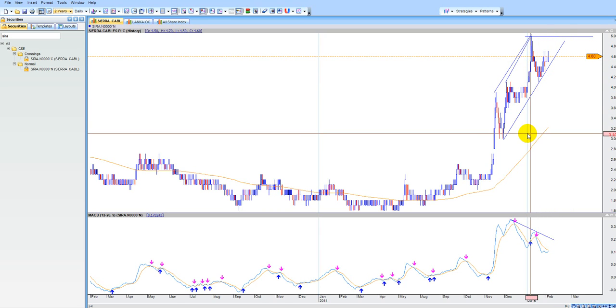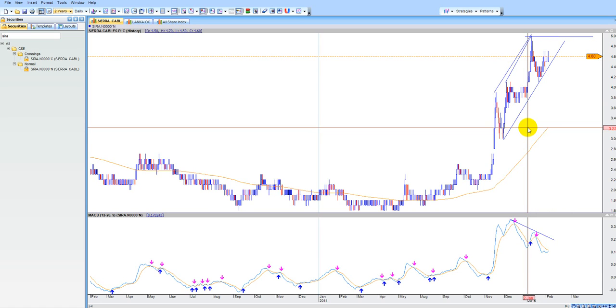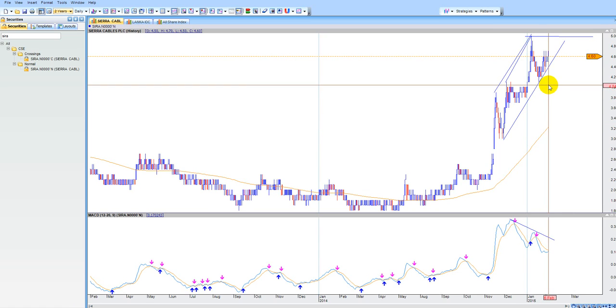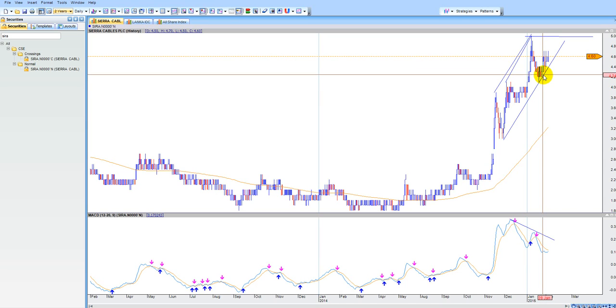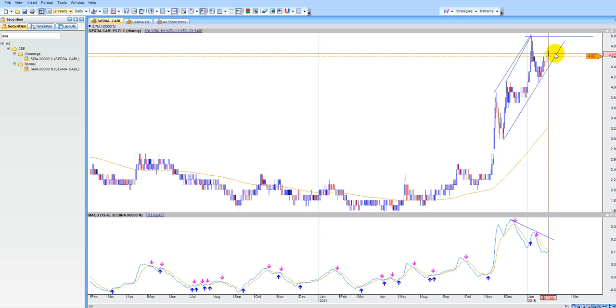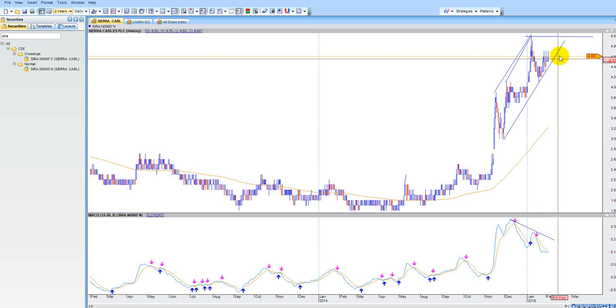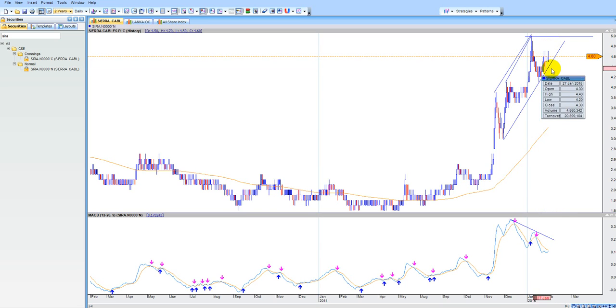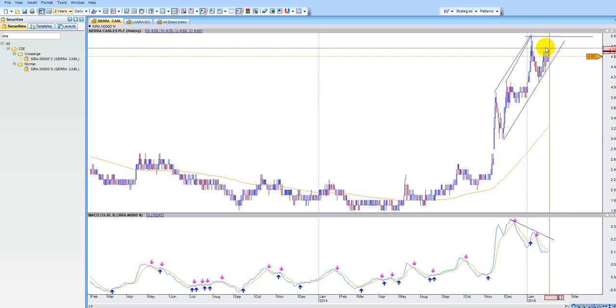So for me at the moment, I would stay out of this particular share, because it has already appreciated and it looks overheated. What we see here, the wick, gives an early indication of a reversal.